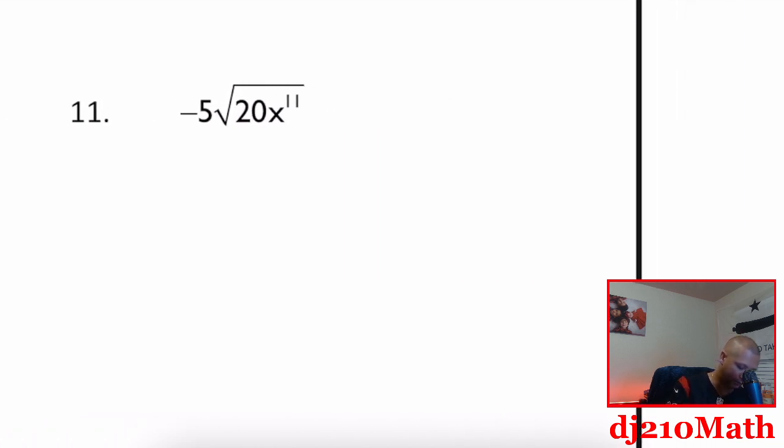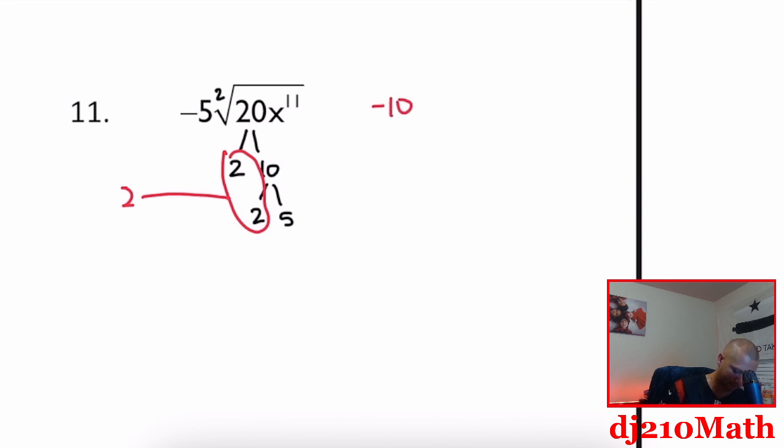Here, notice no number. So it's a square root. It's understood that it's a 2. So we're taking out all the pairs of everything. So 2 times 10, 2 times 5. So this will come out as a single 2, and it'll multiply against the negative 5, so negative 10.